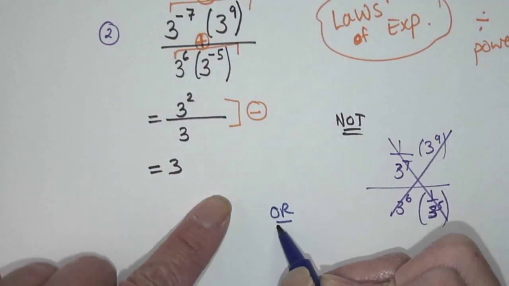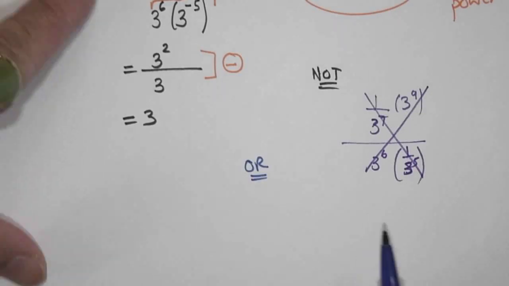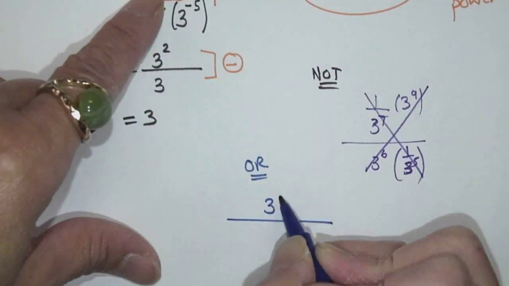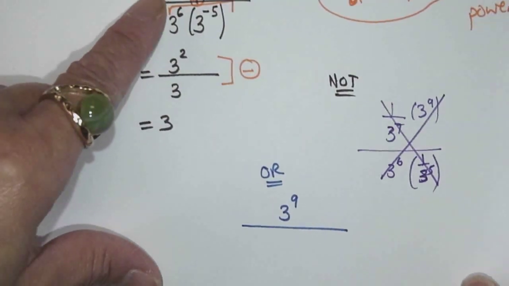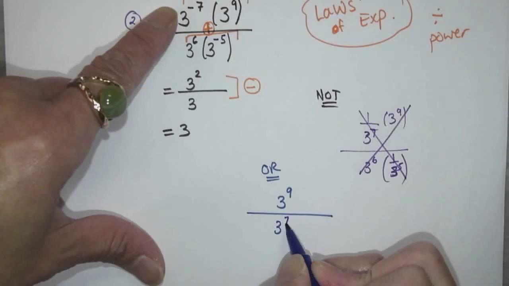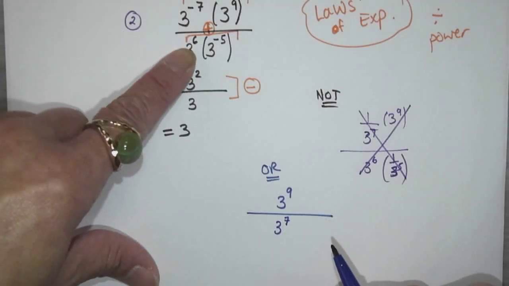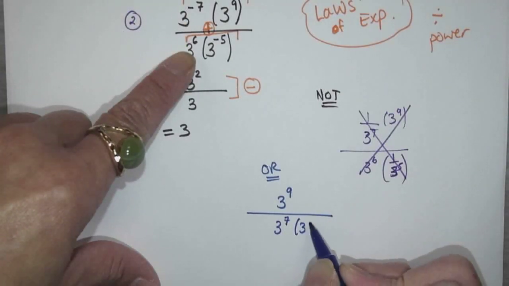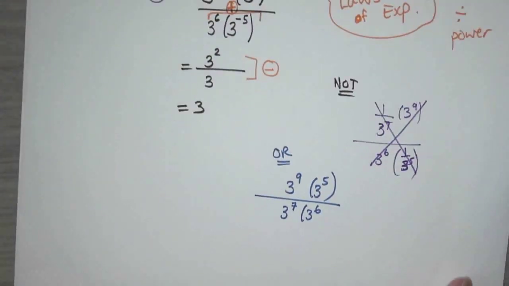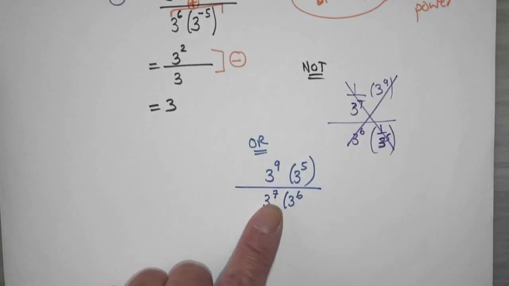So if you're still using the laws without doing straight calculation, I'm going to bring this below. So 3 to the 9 stays where it is. 3 to the -7 moves down to the bottom, because negative moves down to the bottom. We started this before. 3 to the 6 stays where it is, but 3 to the -5 moves up here. And you go, wait, that's going to be different. Is it?